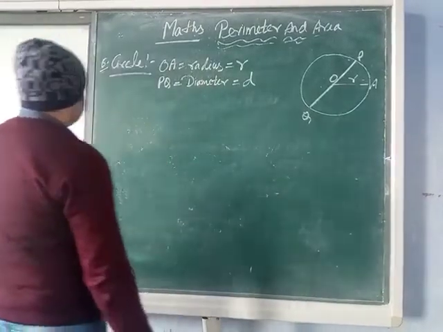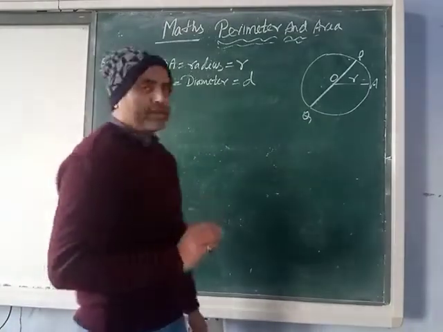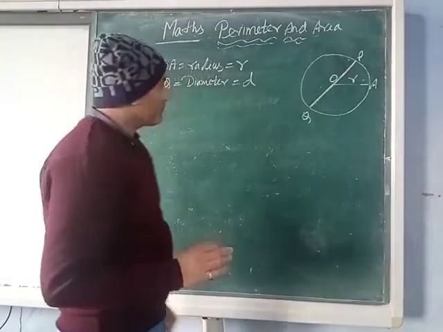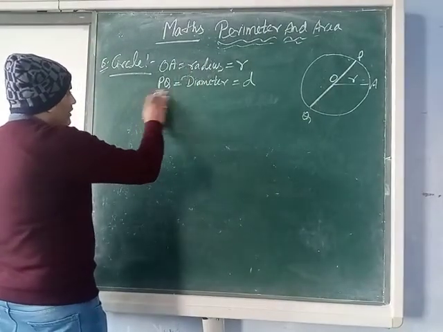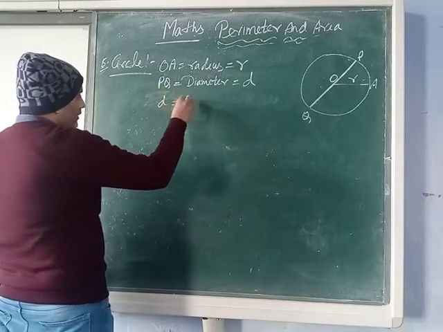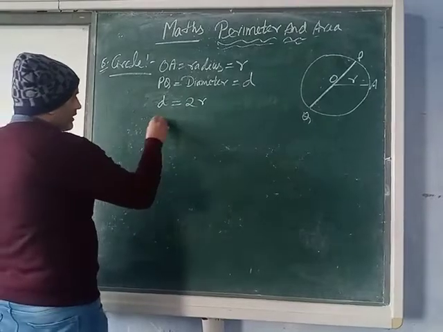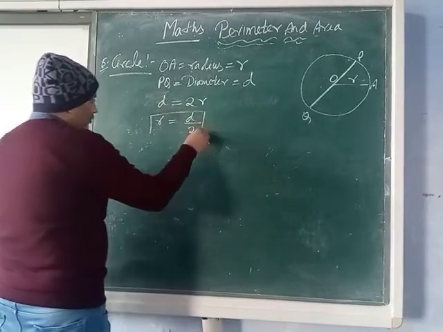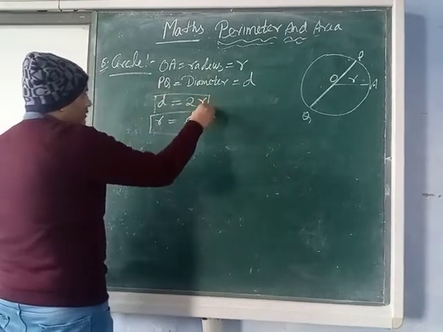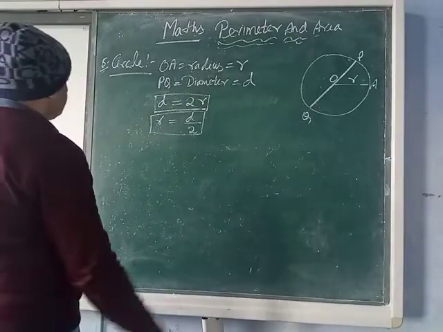Is it clear? So you can write diameter, small d, is 2 times radius, or you can say that radius is diameter upon 2. So these two things you have to remember. Learn. Is it clear?